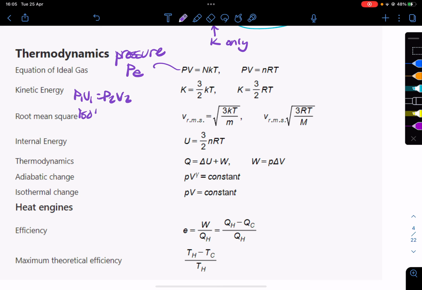This is if it's isothermal. That means T constant. If it's adiabatic, you have this, and gamma here. This is called gamma. In some questions, they'll just call it gamma, and it has no units.